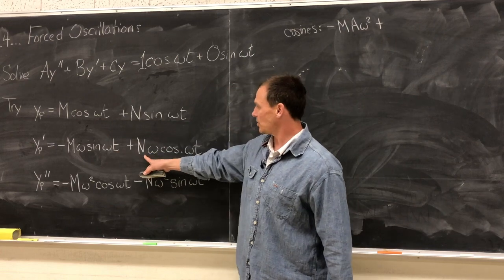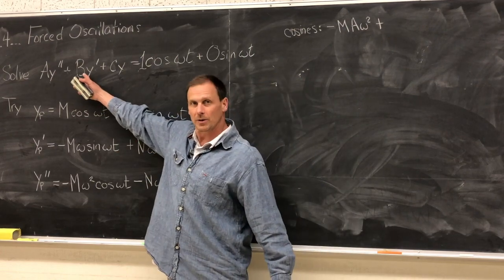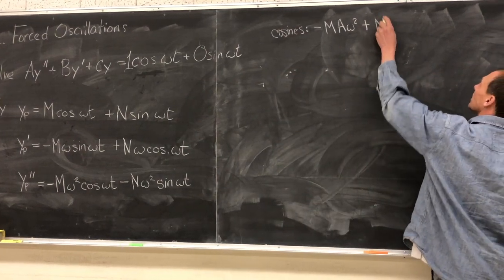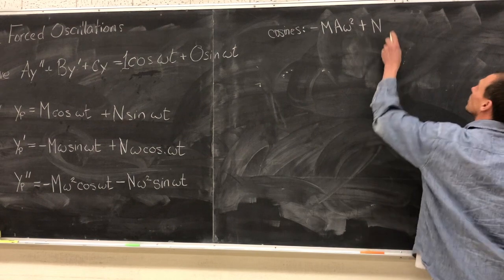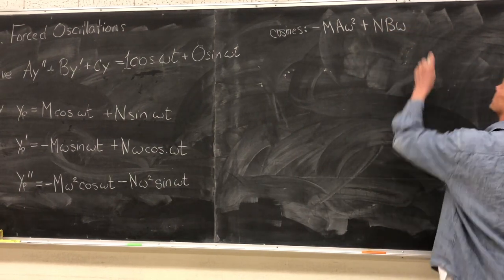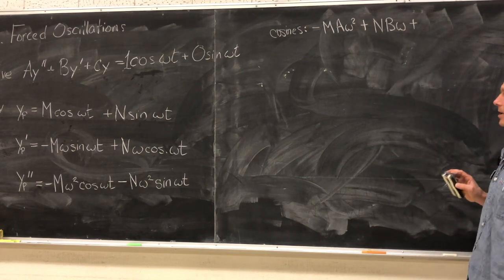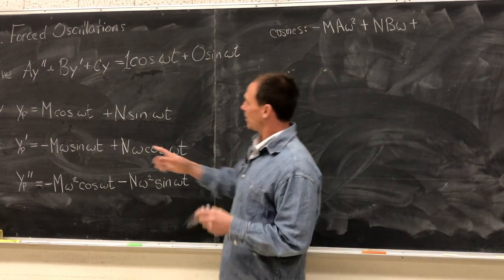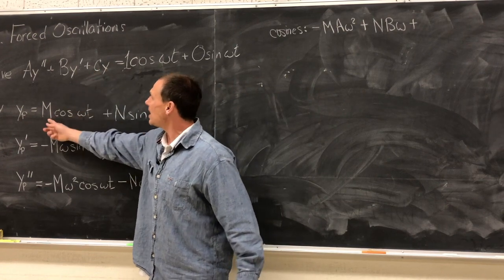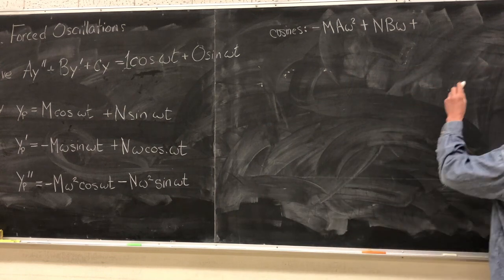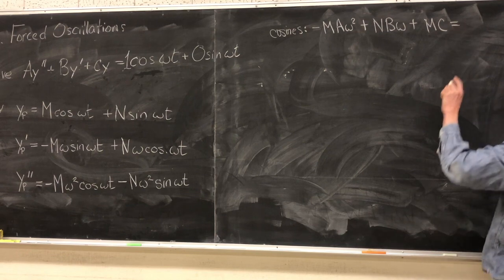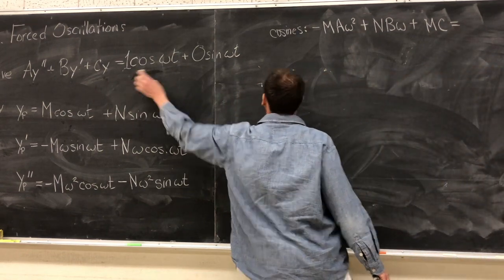I've got a cosine right here, but it's going to be multiplied by the b, so that's going to be plus n times b omega, and then we go back to plus the cosines from the y particular. It's going to be multiplied by c, so I'm going to get plus m times c, and since these are cosines, we're going to pick up one cosine.